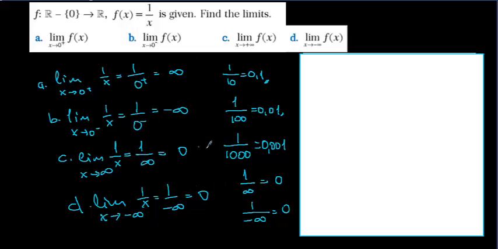Here is the important part: in the limits topic, you cannot apply these numbers directly. What I mean is, you cannot plug in 0 plus into the function 1 over x.